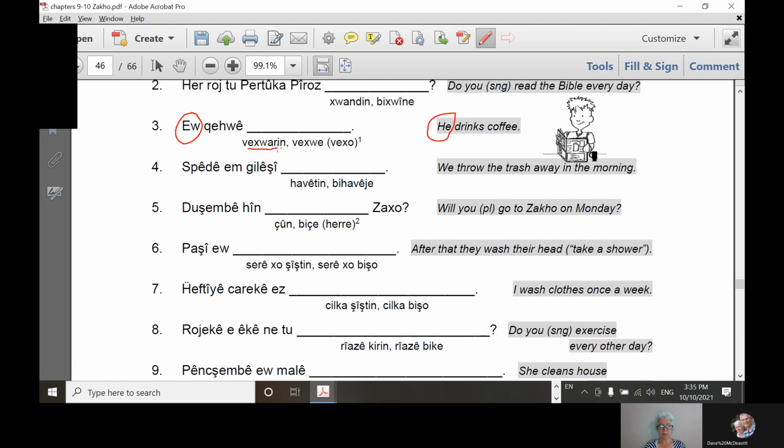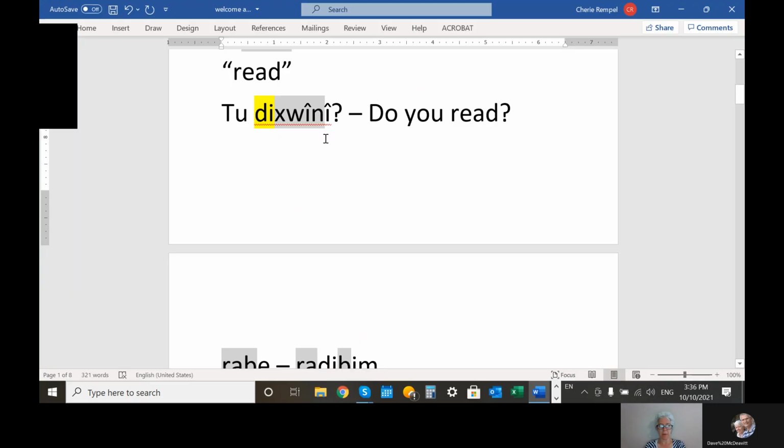This is the infinitive, so we don't want that. So here's imperative number 1, and here's imperative number 2. So we don't want that. So we're going to work with that first imperative. Vahwa. All right, let's go to our blackboard here.